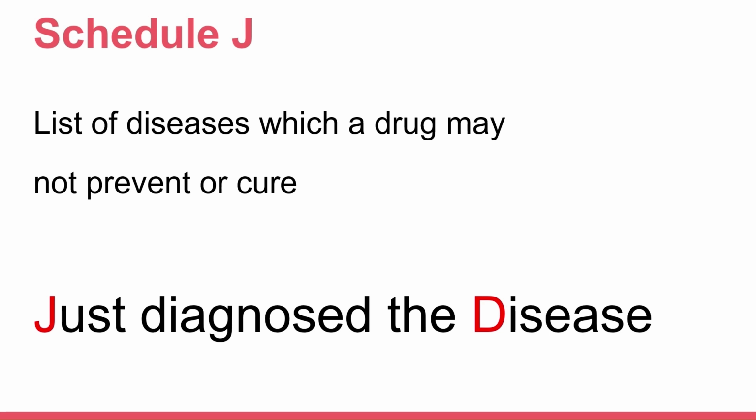So from that sentence, you can remember Schedule J is for diseases which are not treatable by using drugs, that is, diseases which are not preventable or curable by drugs.